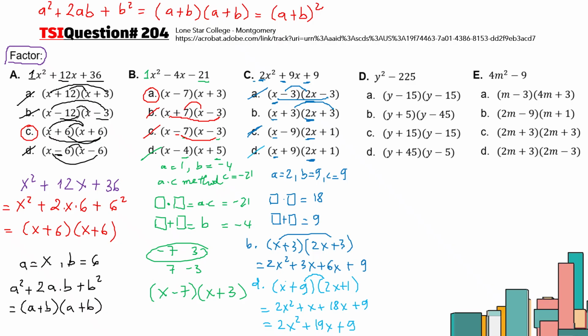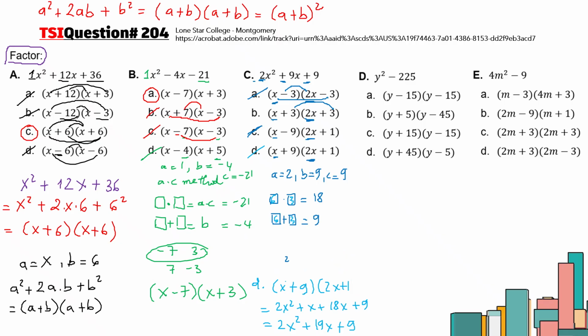What we do is you have 6 and 3. 6 times 3 makes 18, and 6 plus 3 makes 9. Now how do we work with that? For this type, after using the AC method, you need to do the grouping method as well. So let's erase the fact that we know B is the correct answer.